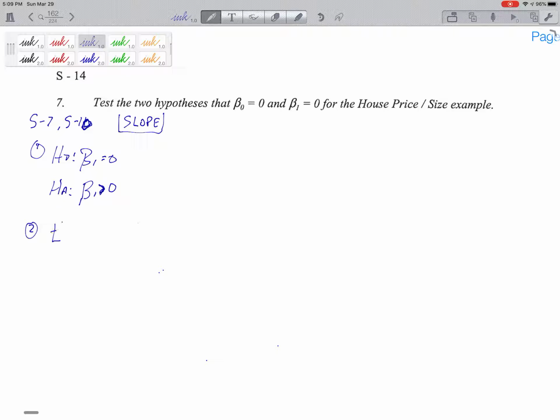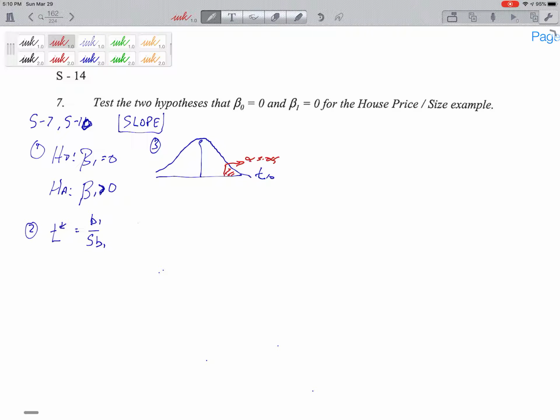Number 2, so T star is equal to B1 over SB1. Step number 3, critical region and the decision rule. So in this case, we would have 6 degrees of freedom, that's 8 minus 1 minus 1, and the whole alpha in the critical region is going to be equal to 0.05.